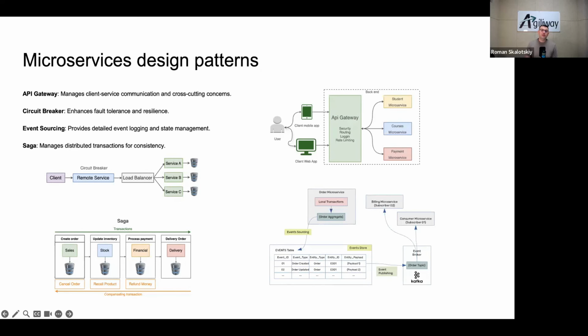Next one is event sourcing. Event sourcing involves storing the state of the service as a sequence of events. Instead of storing the current state directly, each change is recorded as an event. The event sourcing design pattern is used in microservices to capture all changes in the entire state.